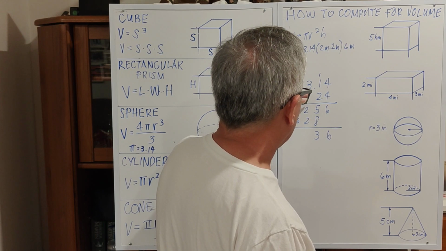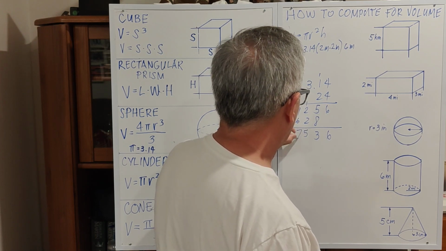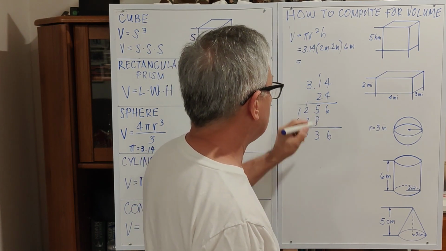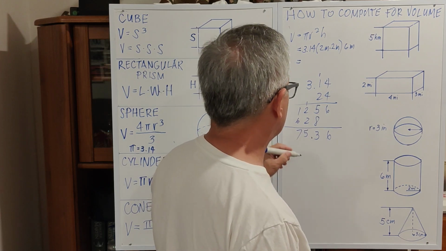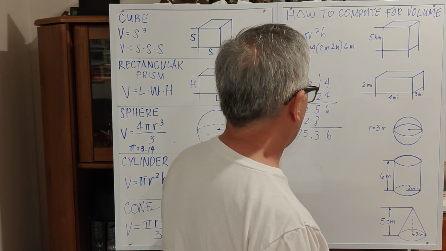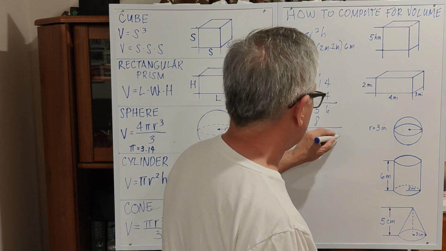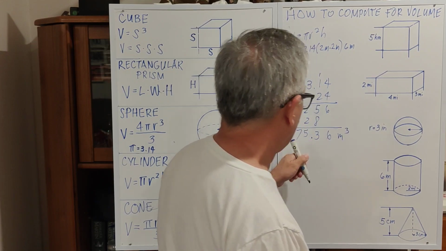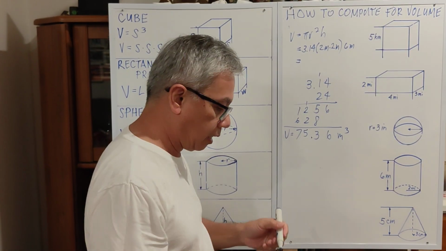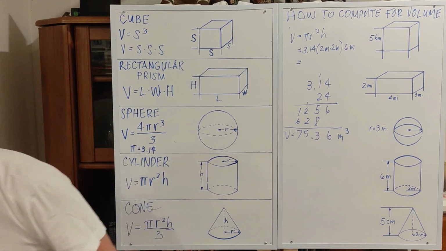And then we add. 2 decimal places, 2 decimal places. Now the volume of the cylinder is 75.36 cubic meters.